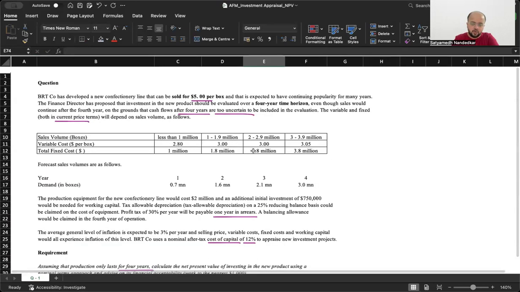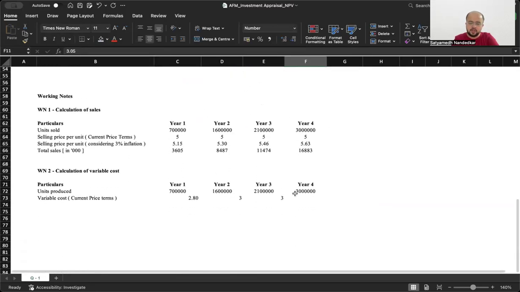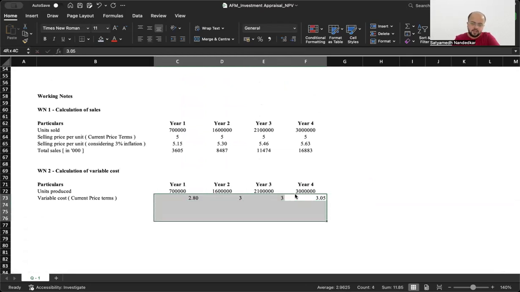And in the fourth year, demand is 3 million. If you look at this table where the sales volume is 3 to 3.9 million, variable cost per unit is 3.05.